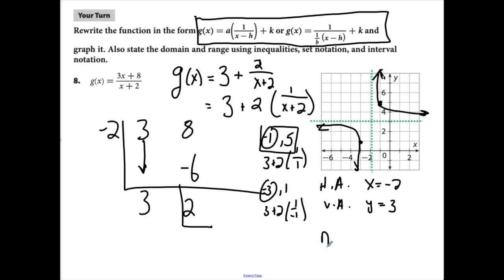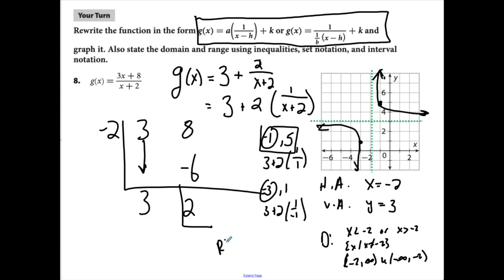Okay, so the domain, 3 ways we could do the domain. X is less than negative 2 or greater than negative 2. The x's that are not equal to negative 2, or negative 2 to infinity, or negative infinity to negative 2.